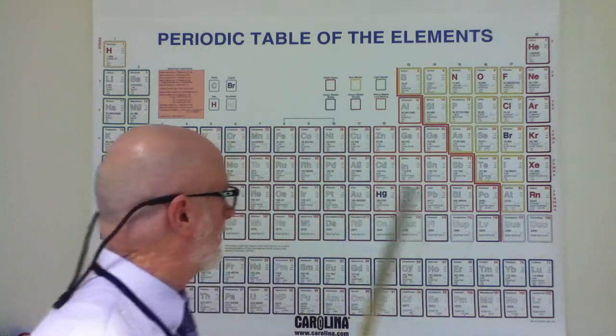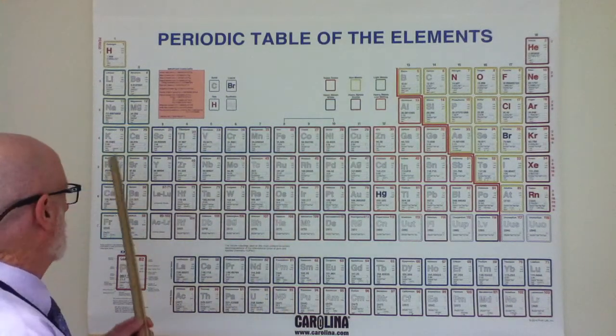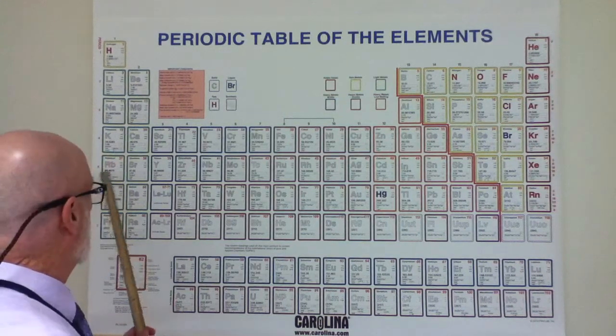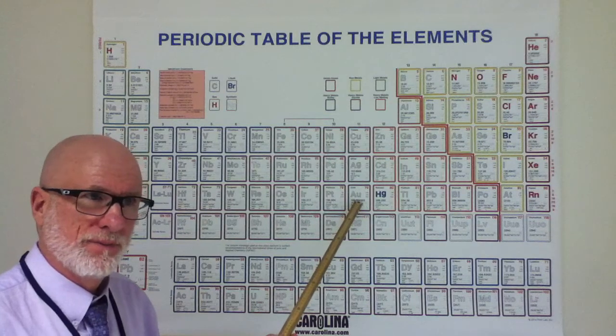But if you look at the transition elements, the valence, the outer electrons are actually the S's. So in other words, if I take gold, Au, gold, right?